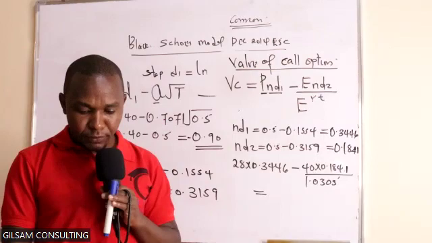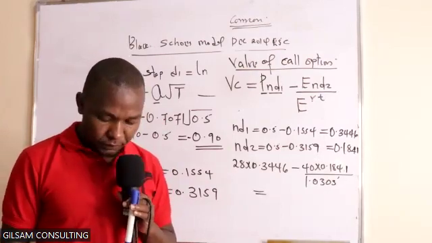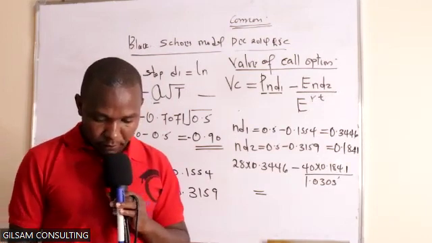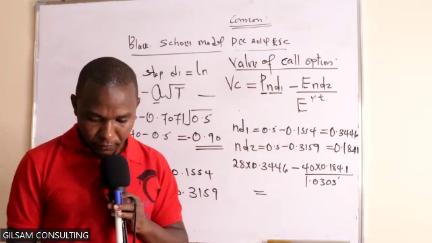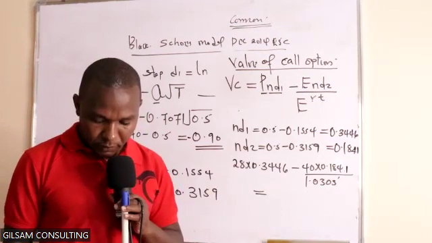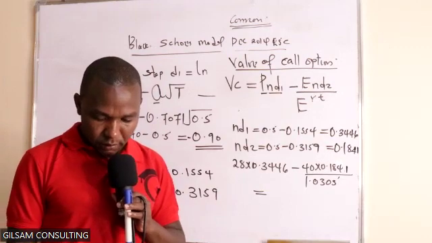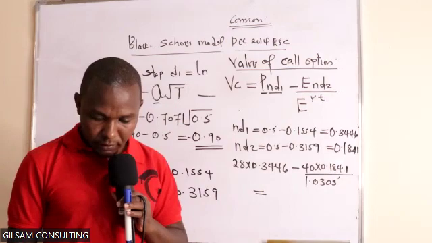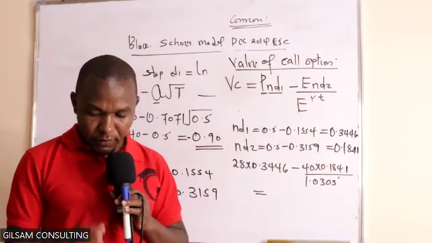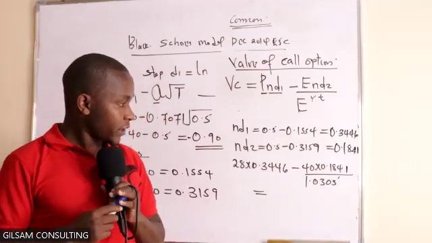You can just put it all in the calculator. 28 times 0.3446 minus 0.4 times 0.1841. We divide by 1.0305. Syntax error. So maybe we can do this separately.